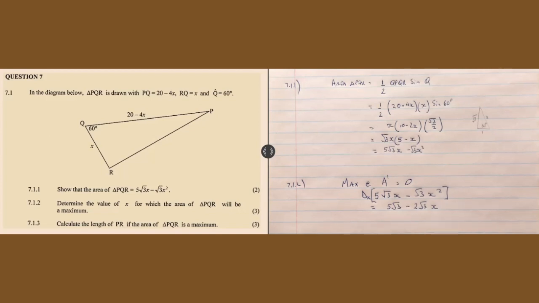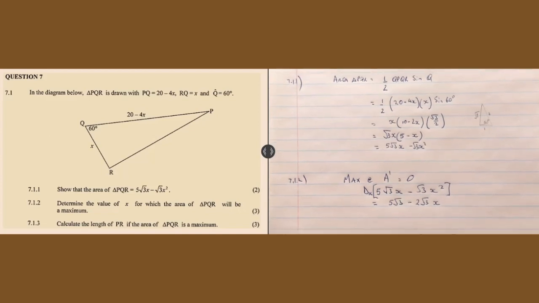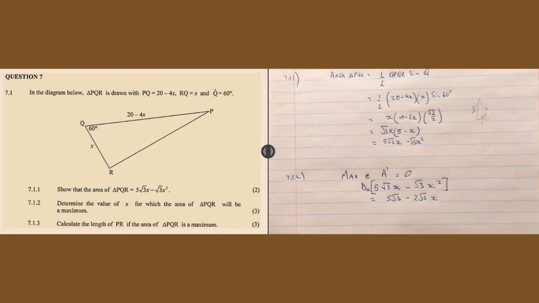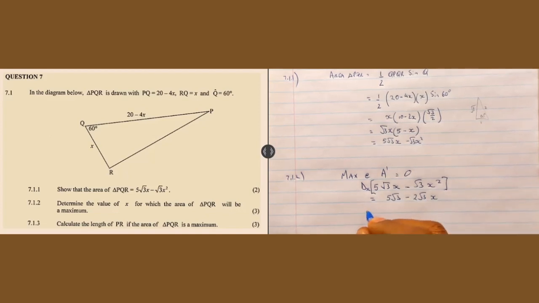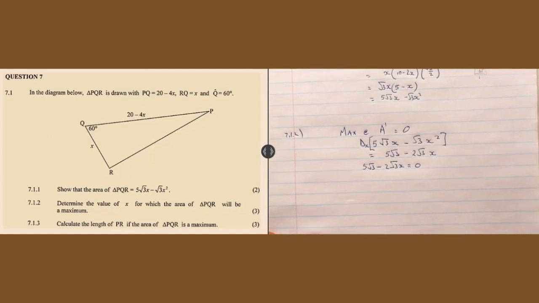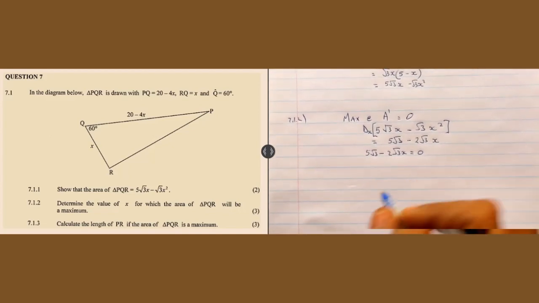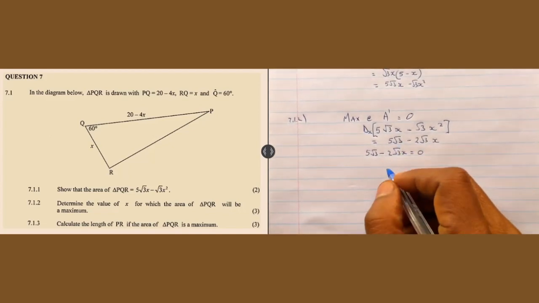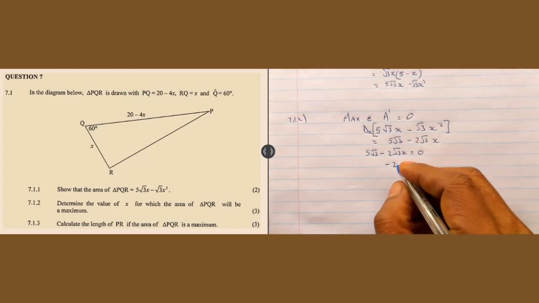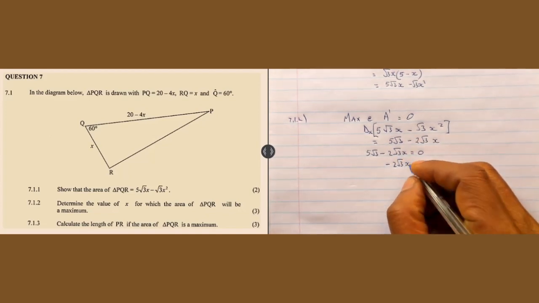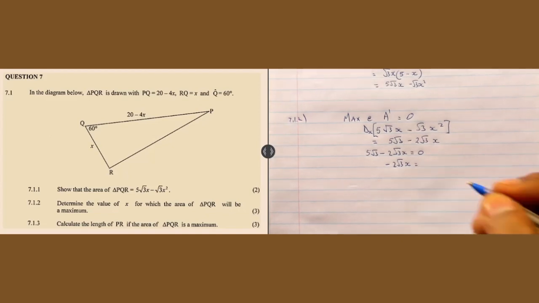Now we are looking for the max, isn't it? So for our max, this will be equal to 0. So I'm going to say 5 root 3 minus 2 root 3x is equal to 0. Everything else is algebra. You see, algebra is all mathematics. So algebra is also trigonometry, isn't it? Right, you can take this to be positive, otherwise you can also leave it here.